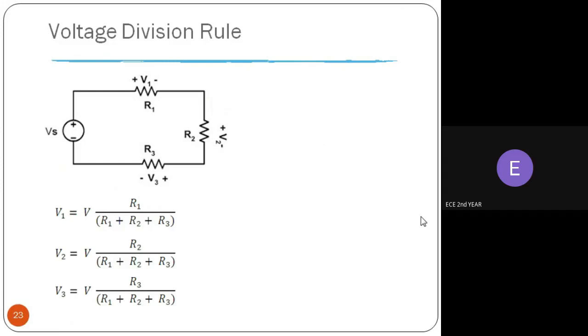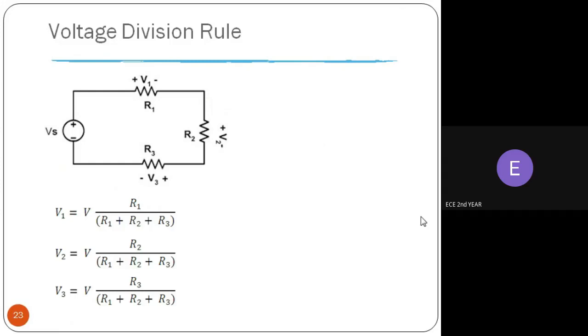The individual voltage can be calculated with the formula V1 is equal to total voltage V into R1 divided by R1 plus R2 plus R3. V2 can be written as total voltage V into R2 divided by R1 plus R2 plus R3. V3 can be written as V into R3 divided by R1 plus R2 plus R3.